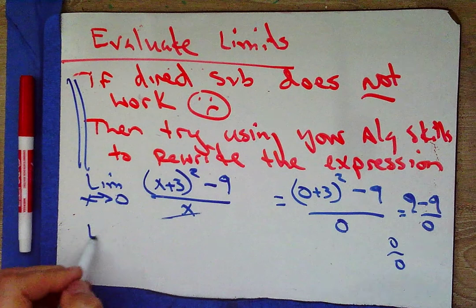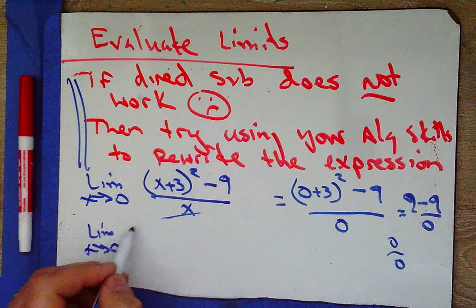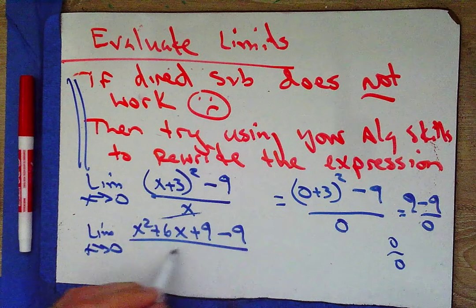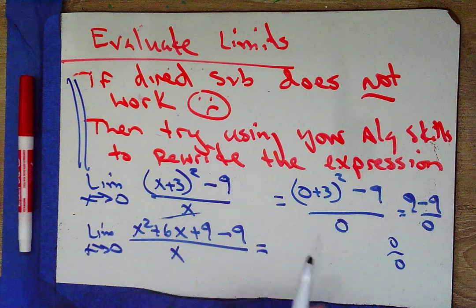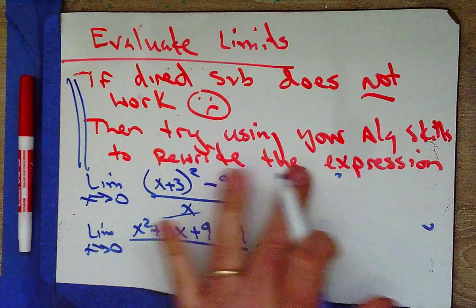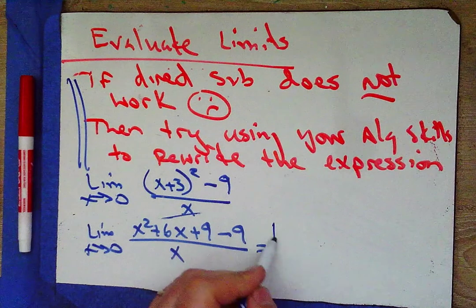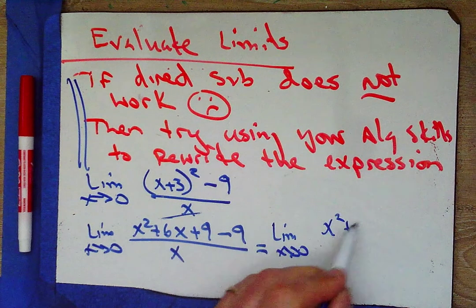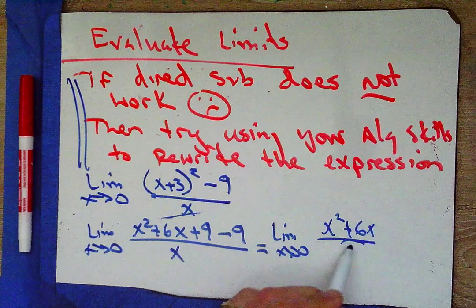Okay, so what will that look like? x approaches 0 of x squared plus 6x plus 9 minus 9 over x. And then what do I do? Well, I can combine like terms and have the limit as x approaches 0 of x squared plus 6x all over x.